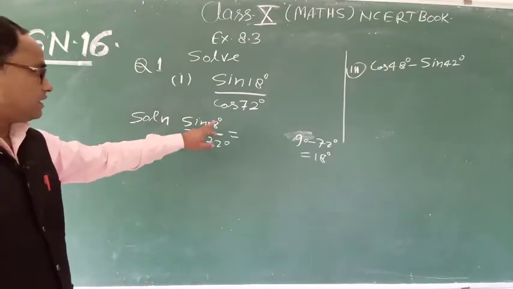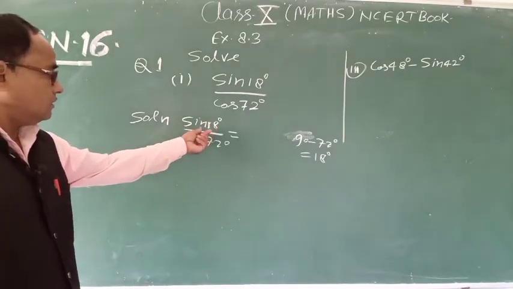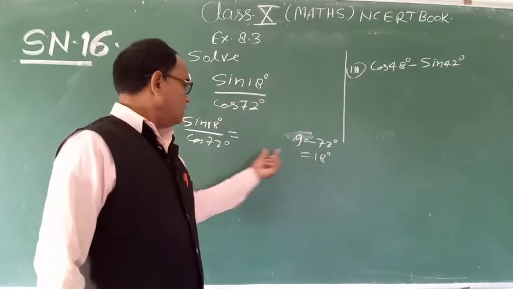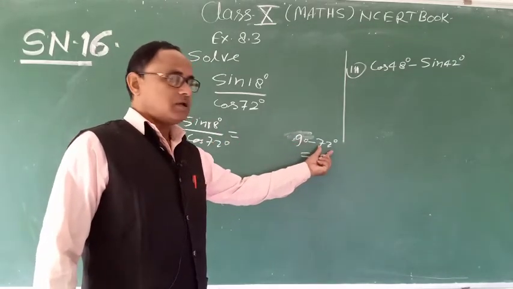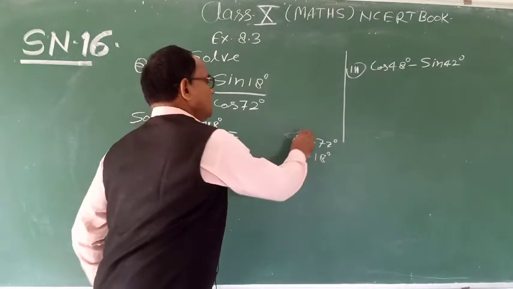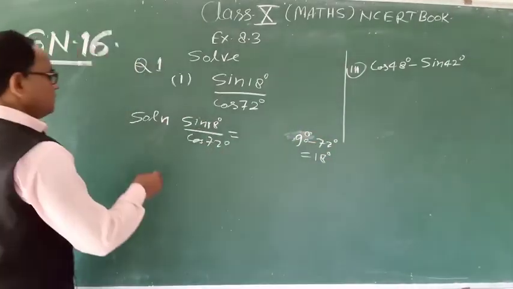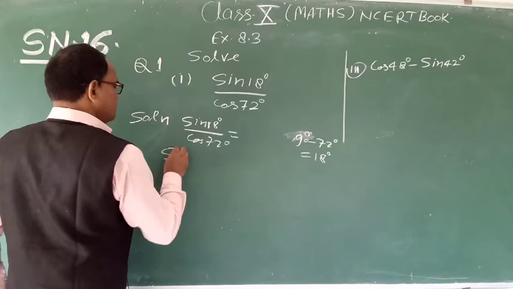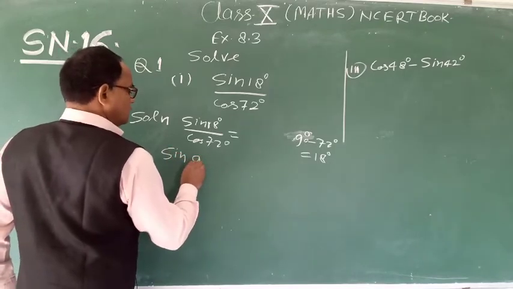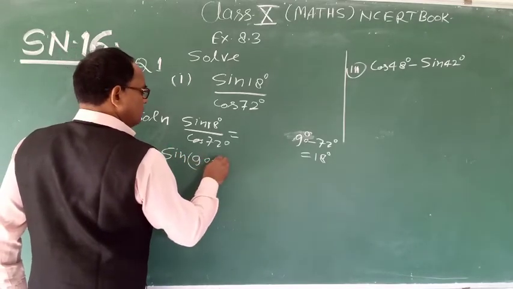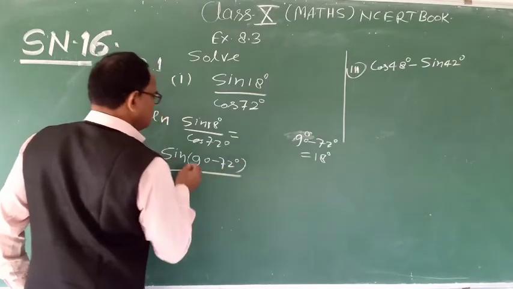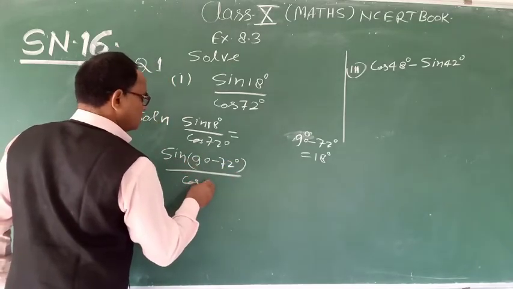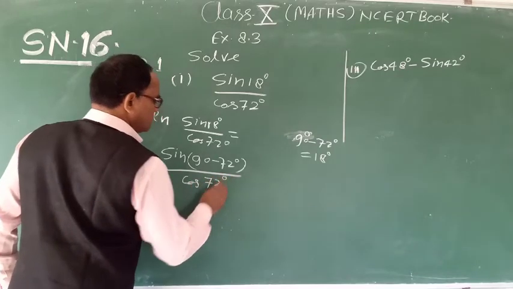Therefore, in place of 18 degree, we can write 90 degree minus 72 degree. Here, sin of 90 degree minus 72 degree, we can write cos 72 degree.